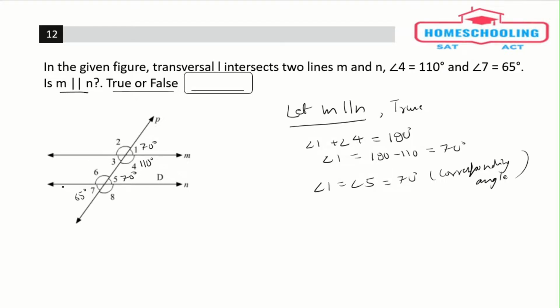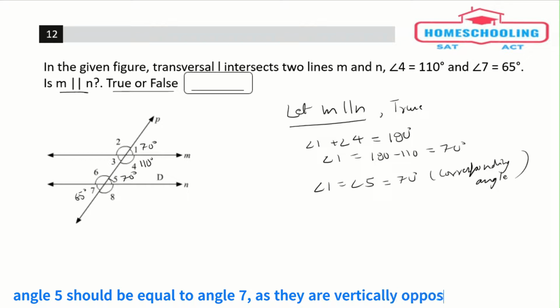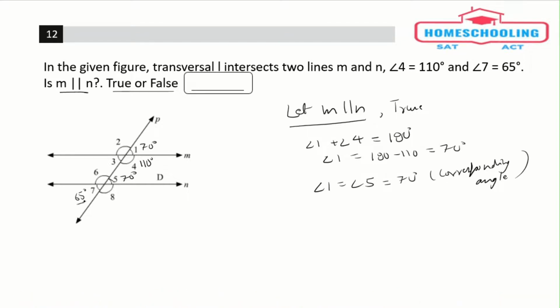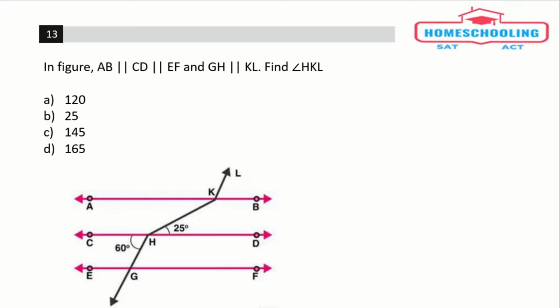If these two lines are parallel and there is a transversal line, then these two alternate interior angles should be equal, but this one is 65 and this one is 70, so this shows that these two lines are not parallel, hence the answer would be false. No, M is not parallel to N, so this is false. Now moving to the next question.